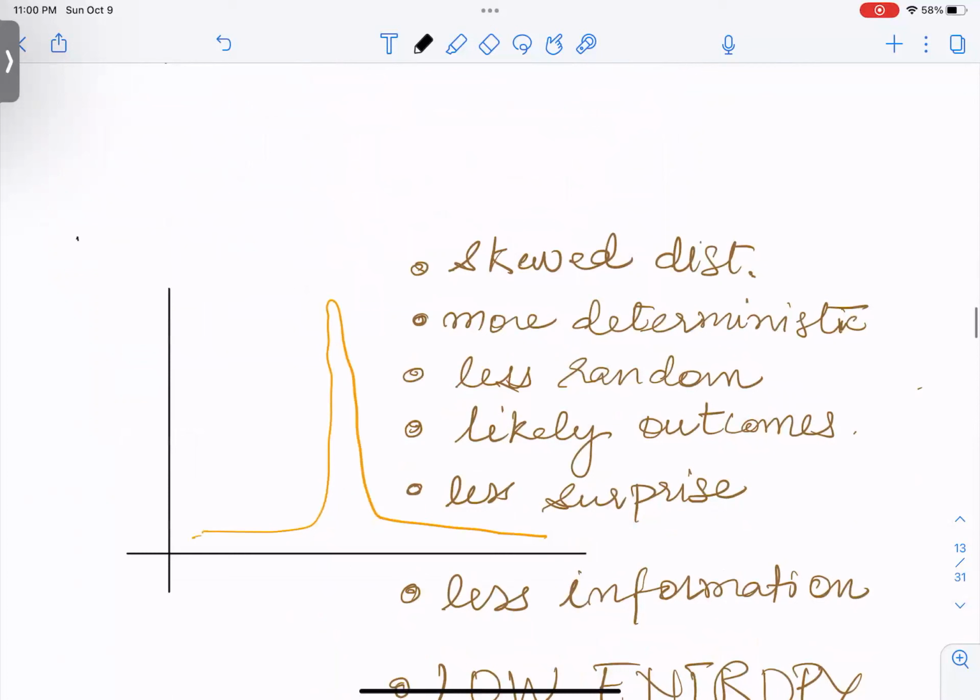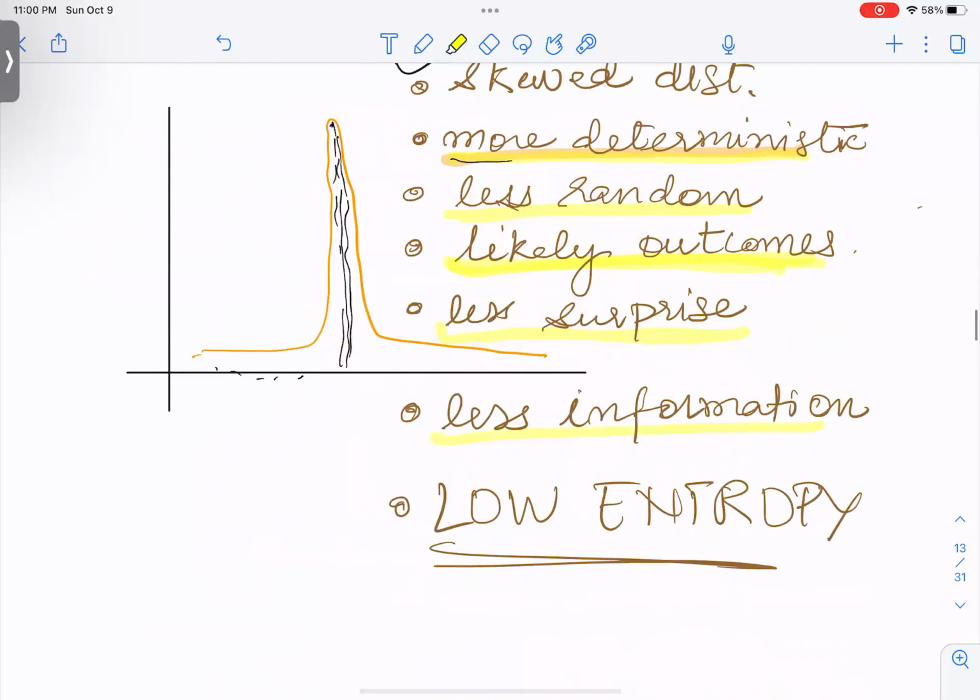So if our probability distribution is a skewed one, where only some events are highly likely and these events are very less likely, it is a more skewed distribution. It is more deterministic. Less random things are going to happen. Likely outcomes are there. You can already predict the outcomes easily. Less surprise, less information, and therefore less entropy.